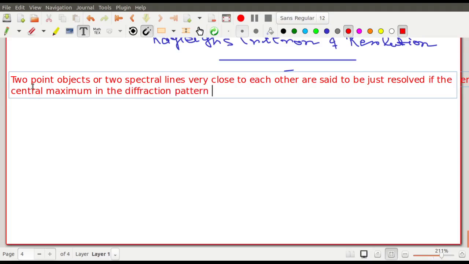Actually when I write central I should write maximum, because central maximum is singular, maxima is plural, so central one is only one, so theoretically I should write maximum instead of maxima.